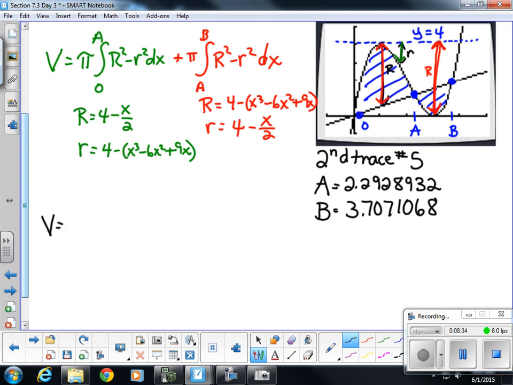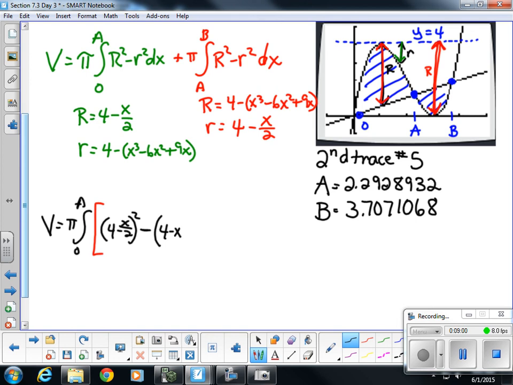Volume equals, let's look at the first area over here, the larger area where the cubic is on top. Pi going from 0 to A of big R squared, 4 minus x over 2 squared, and subtracting that little r.